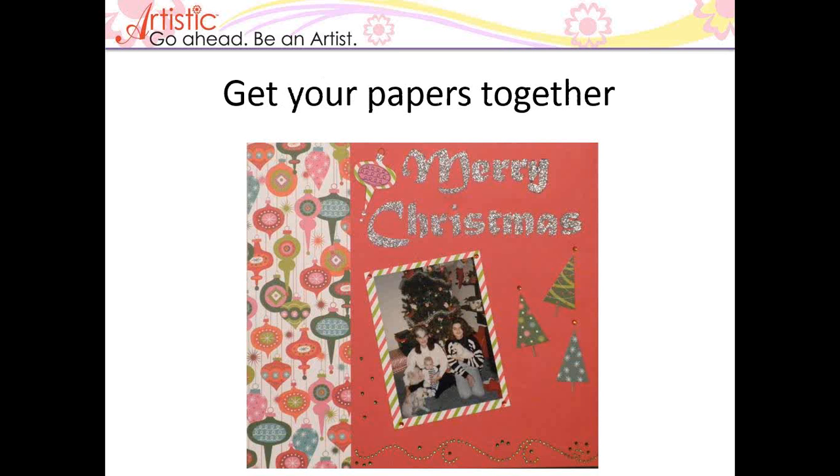So once you got your photo chosen, then you need to start picking the papers that you want to use. And all of your cardstock scrapbooking papers need to coordinate again with that photograph. So I chose a solid color for the background. I wanted to choose one that I could scan into my software and pick an element.